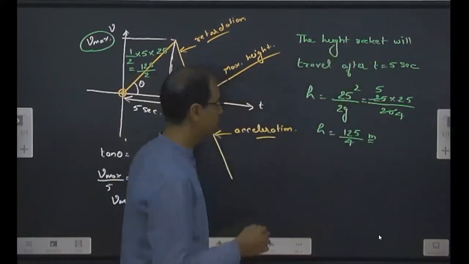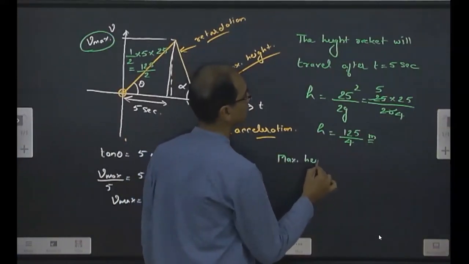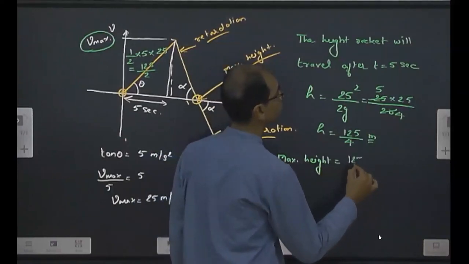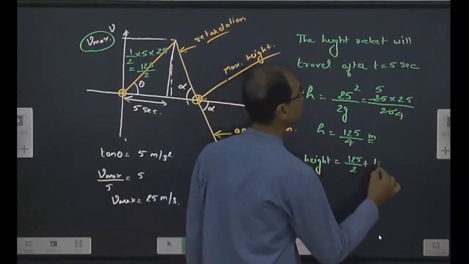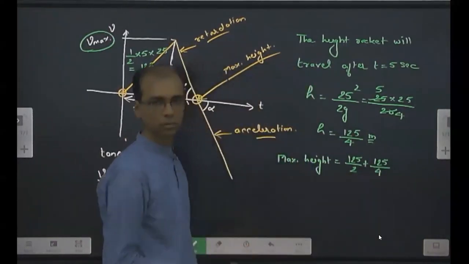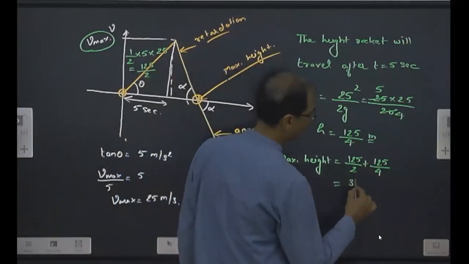So what is the maximum height? The maximum height is 125 by 2 plus 125 by 4. What is going to come? 375 by 4.